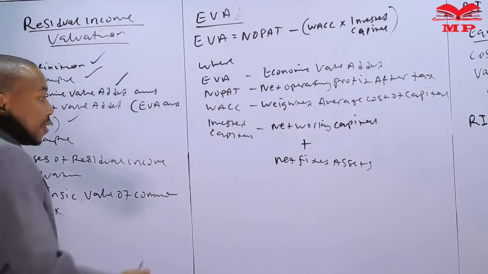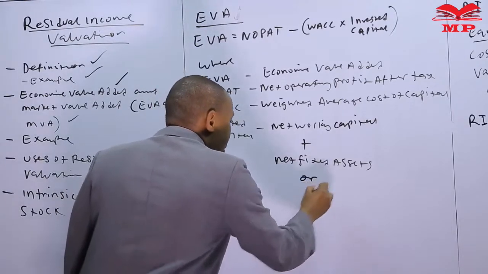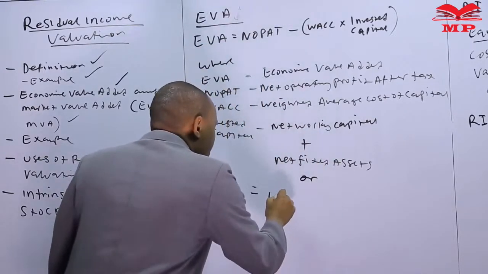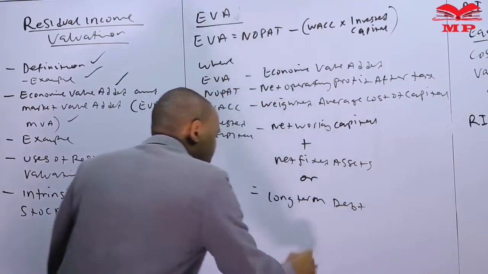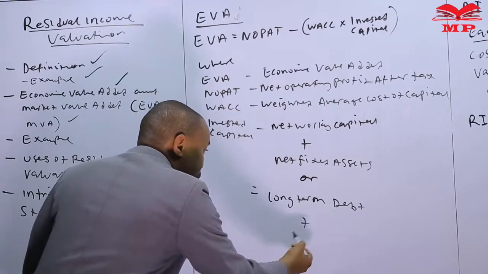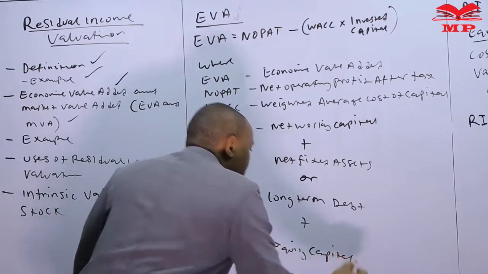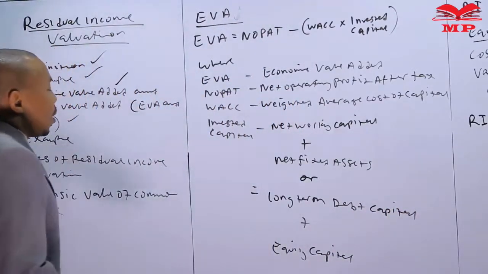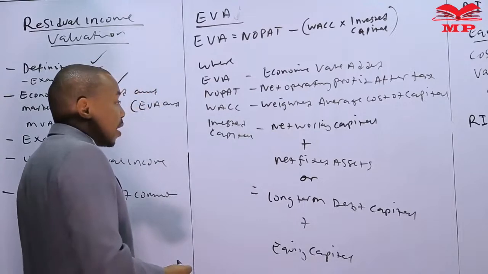As well, to get the invested capital, we can also take the long-term debt capital and add the long-term equity capital, or the equity capital. So these are the two forms of how you can get the invested capital.